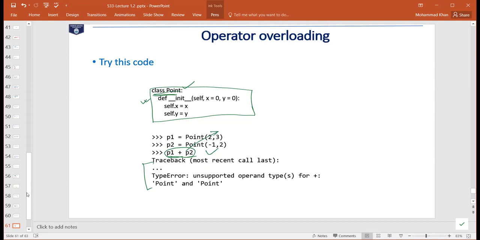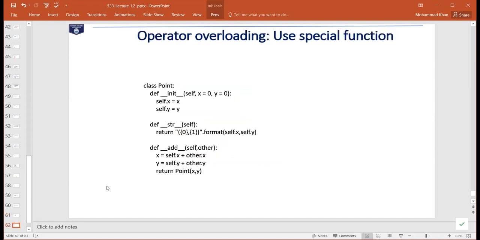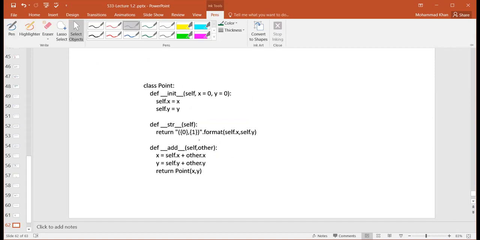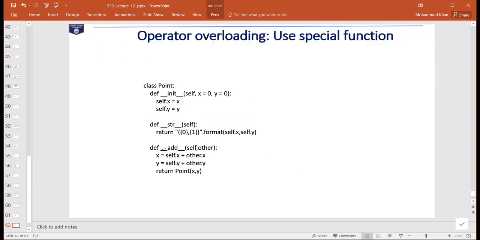If we want to declare it to the class, normally we use the __add__ function. Here there are two underscores. We need to define this method. If we do that, then for objects of this class, like point P1 plus P2, the compiler will not throw any error. Instead, the compiler will use this method to find the result.